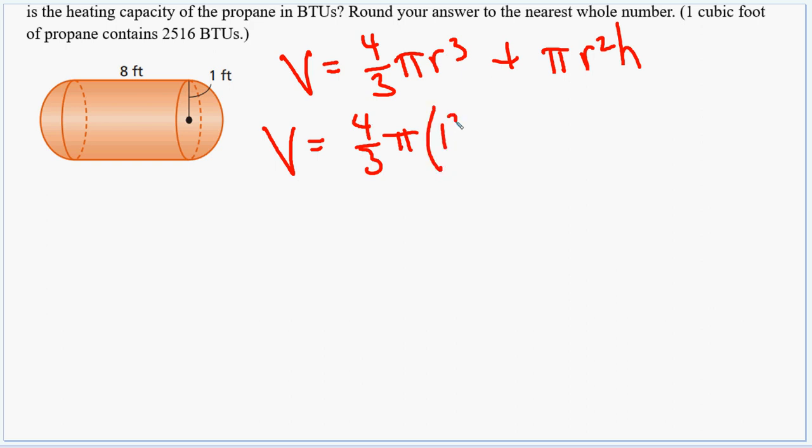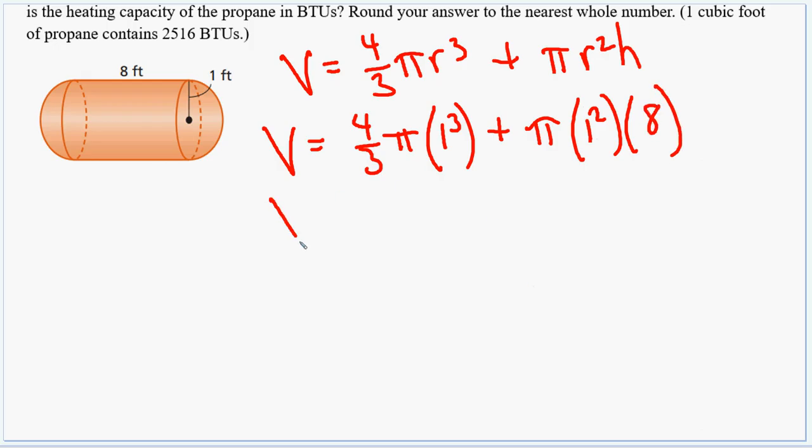Nice here. Our radius is just 1. 1 to the third is just going to be 1. That'll make this a little easier. And then here we're going to have pi times 1 squared. The height or length of this tank is 8. So let's see what we got here. 1 cubed is 1 times 4/3 is just 4/3 pi plus 8 times 1 squared is 8 times pi is 8 pi.